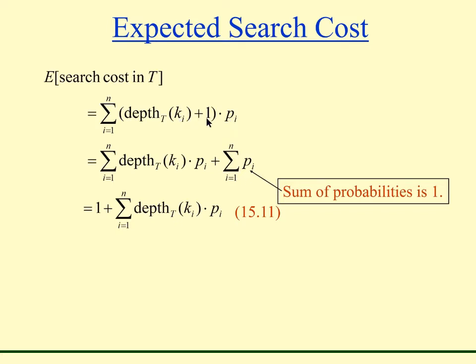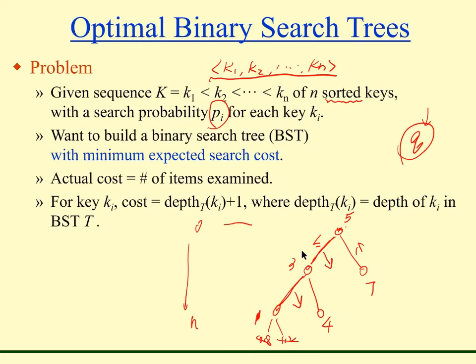And then what is the cost? We already mentioned it is 1 plus the depth of the ki, and then the chance to reach that key is pi. So the chance to reach this key is pi, and then the cost is this one. Right?